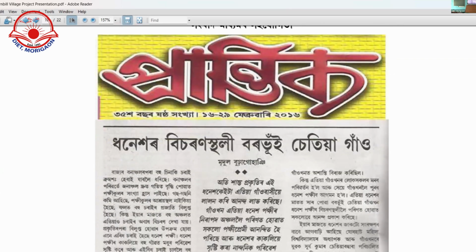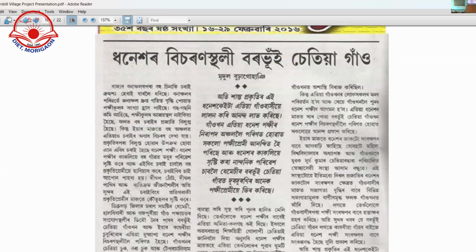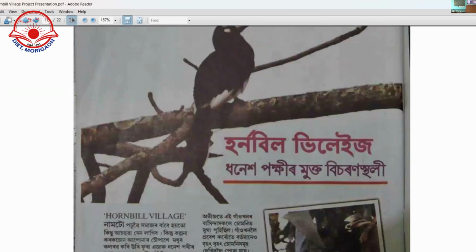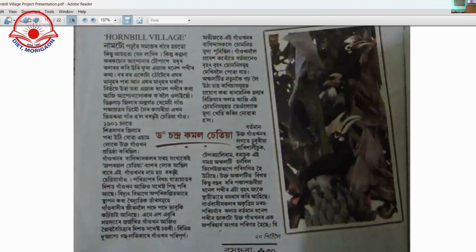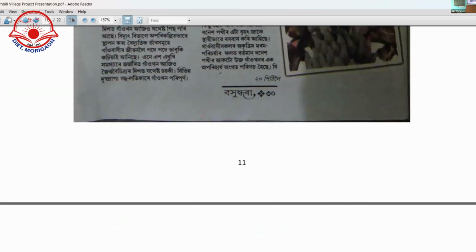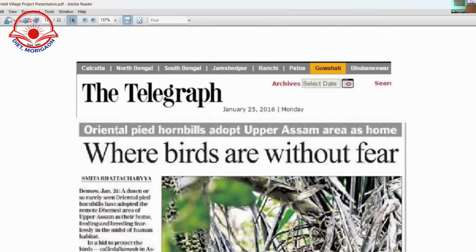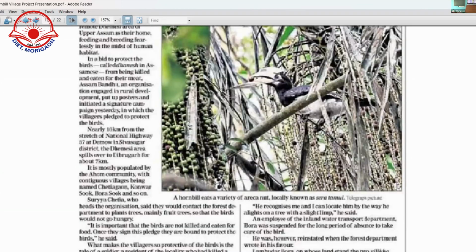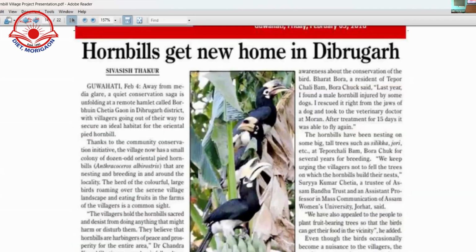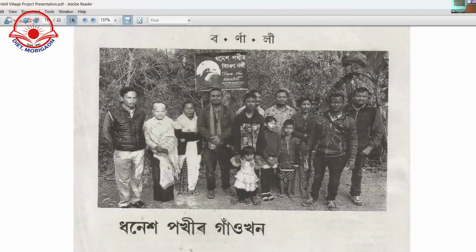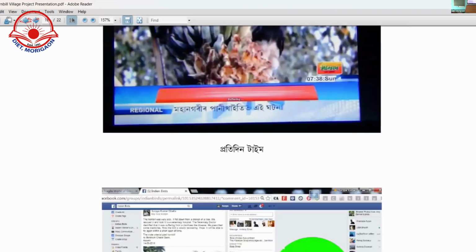Here is Prantik's article on the conservation works at Barbhui Setiagaon. This is published in Basundhara, this is in the Telegraph, and this is in the Assam Tribune, and there were some TV programs also on the project.